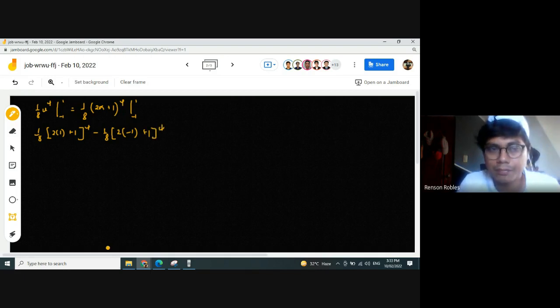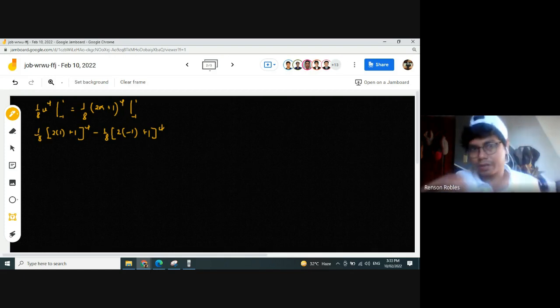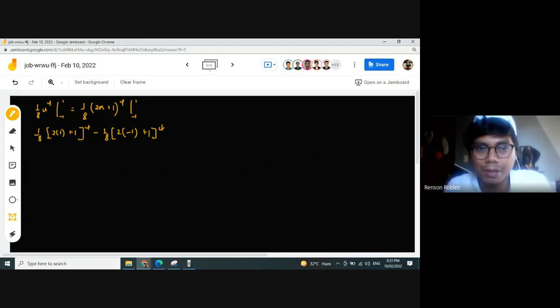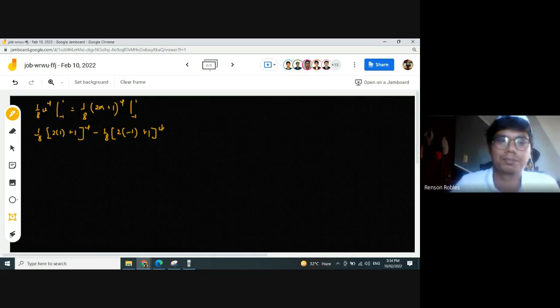This time, before I replace x by negative 1 and 1, I write it back to the original given, yung 2x plus 1. But for the previous illustration, I did not do it. Nag-evaluate ako ng definite integral even if it is still in u function. So, meaning, magkakaroon kayo ng change sa limits of integration.